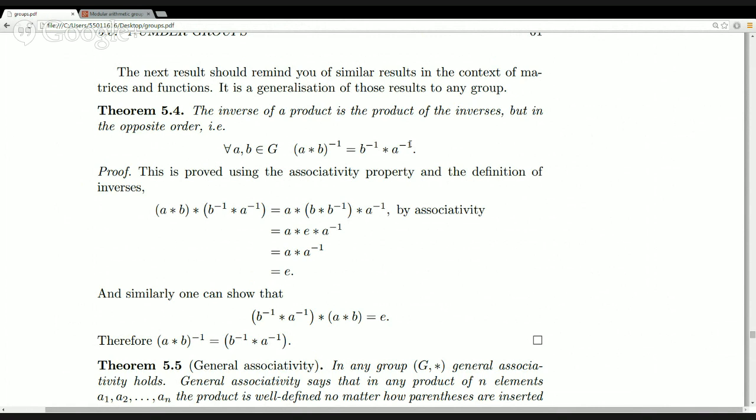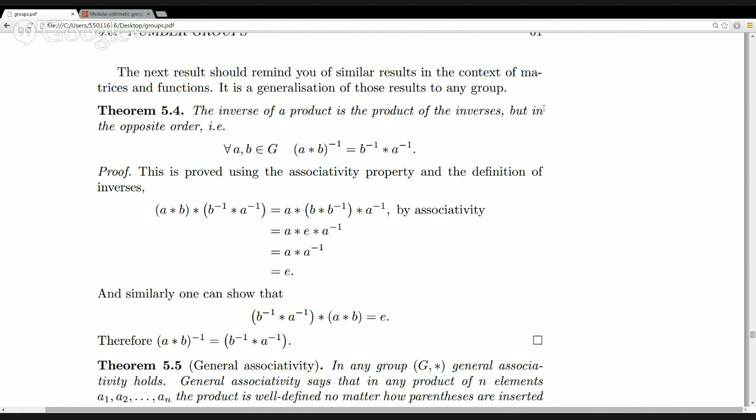So this property you're familiar with from multiplication of matrices isn't just some weird special thing about matrices. It's an expression of this general fact that holds in every group. Now the bit about multiplying the inverses in the opposite order to how you multiply the original elements is crucial if you're in a non-commutative group, a group where the operation isn't commutative.